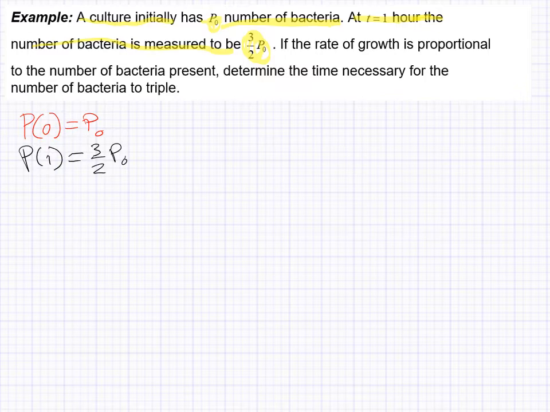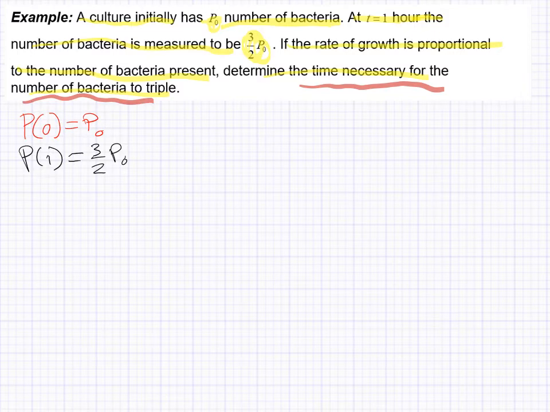All right. So if the growth rate is proportional to the number of bacteria present, which means we're going to deal with that model we just talked about, then determine the time necessary for the bacteria to triple. Well, that's a separate question. So this part here, we can't answer till we find the function that describes the rate of growth.